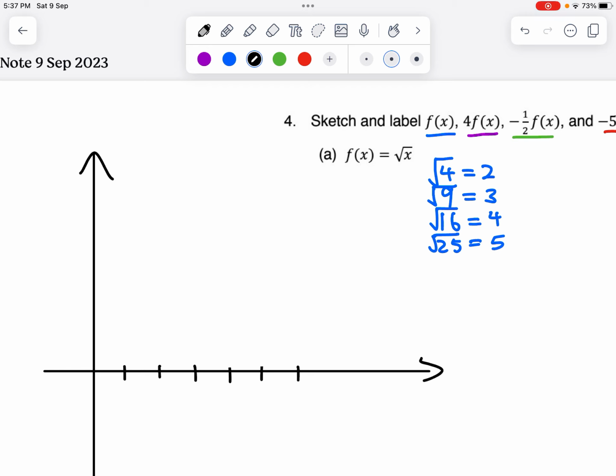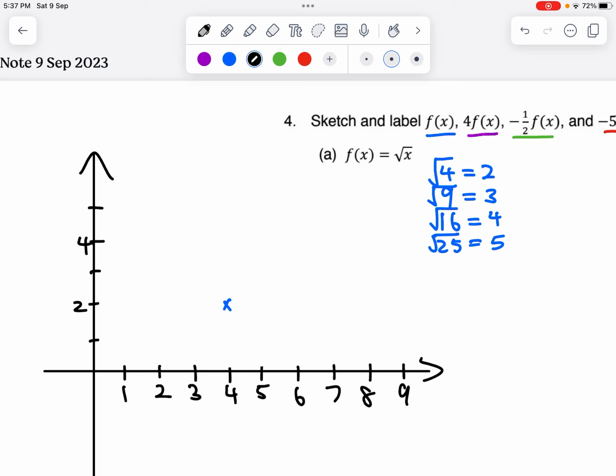So this is 2, this is 4, this is 6. Okay, so here it says when x is 4, y is 2. When x is 9, I can just plot it so it's easier.